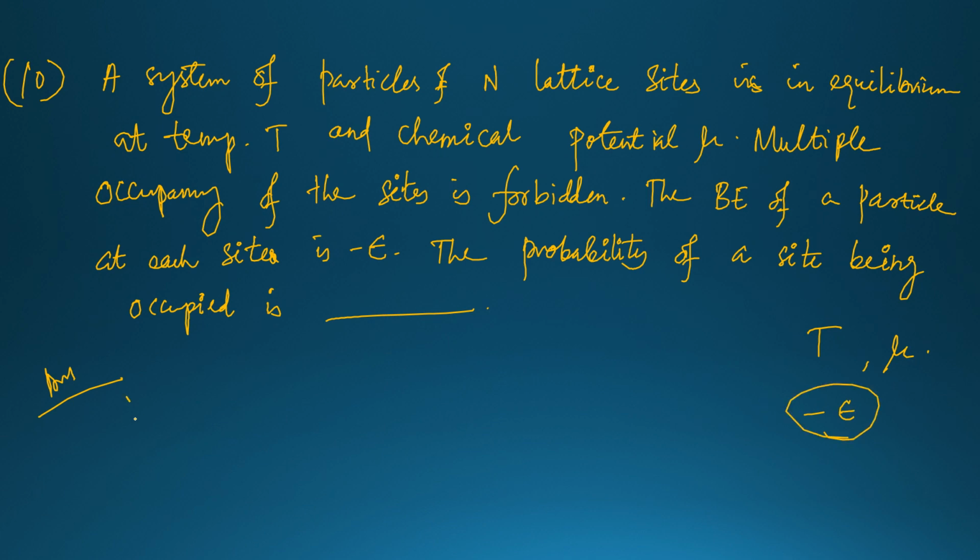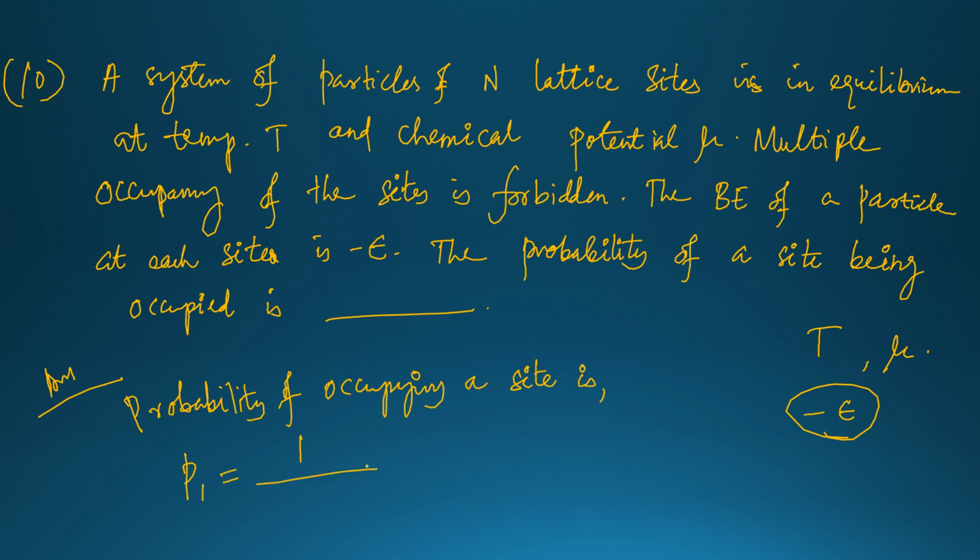Okay, so probability of occupying a site is how much? The probability P1 is equal to 1 by e to the power beta (E minus mu) plus 1. Here, what is the energy? E is actually minus epsilon.